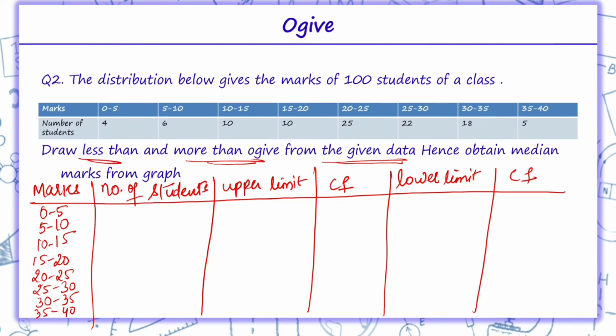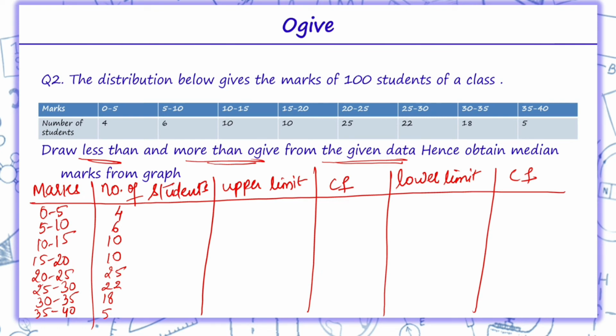So the number of students corresponding to these marks are 4, 6, 10, 10, 25, 22, 18 and 5. Now since over here we have to draw less than and more than ogive both the graphs, both the curves. So first we will find the points for less than ogive.